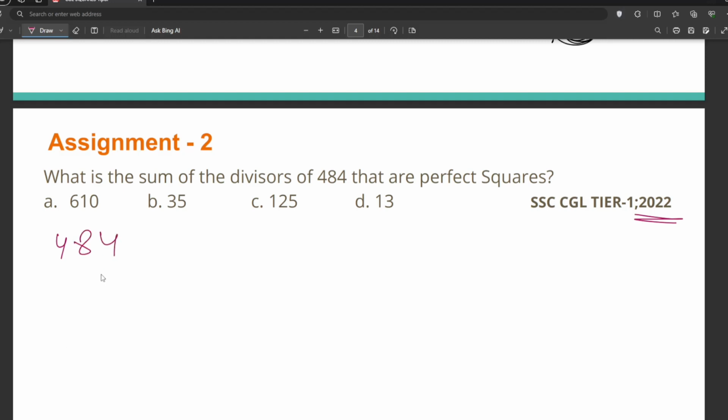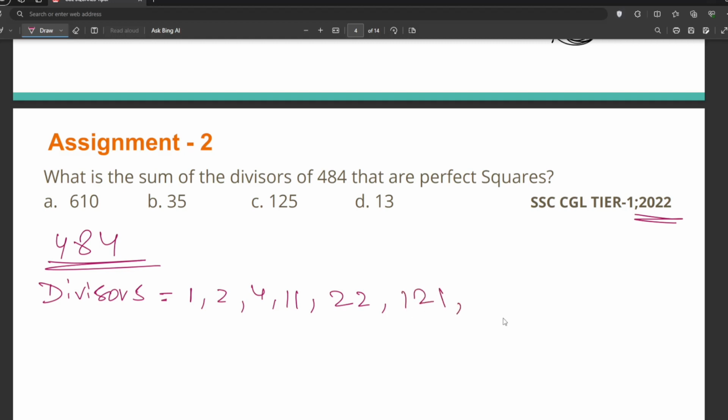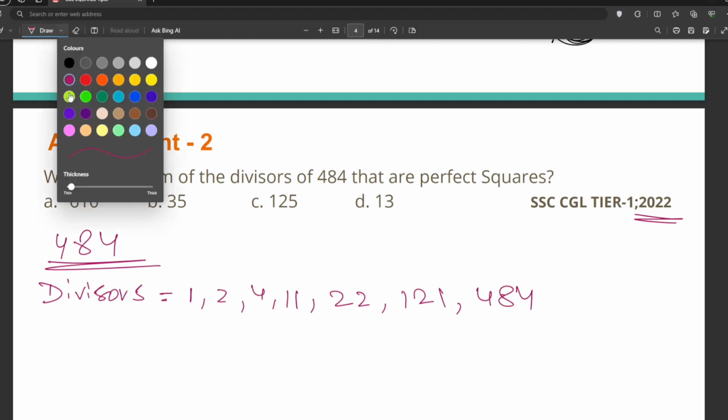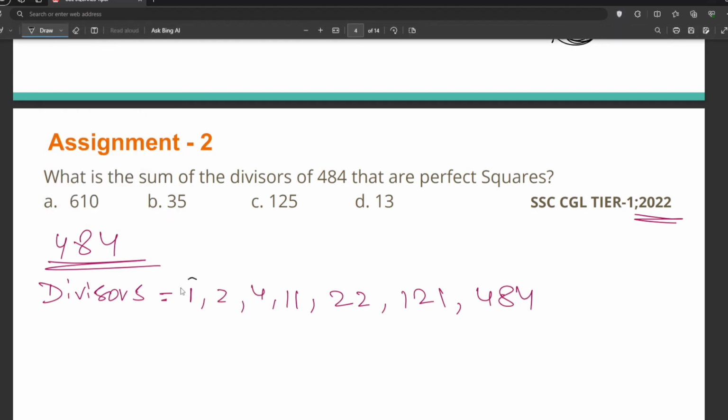484. Divisors of 484 are 1, 2, 4, 11, 22, 121 and 484. Now 1 is a square number, 4 is a square number, 121 is a square number, and 484 is a square number.